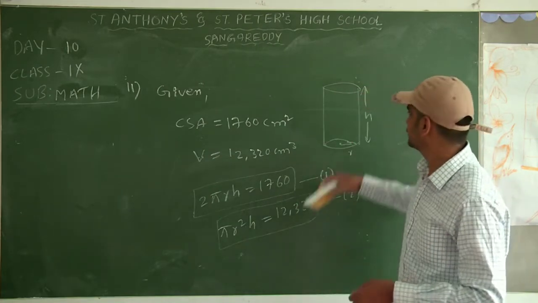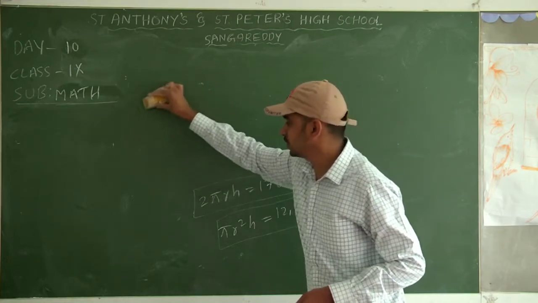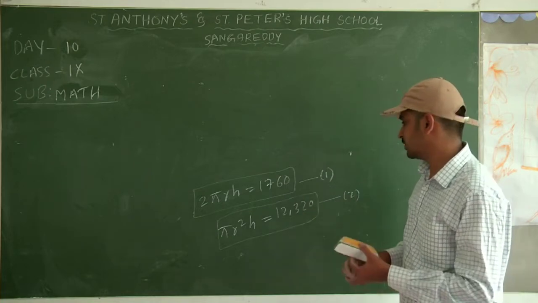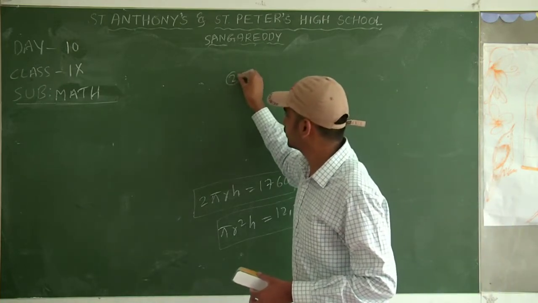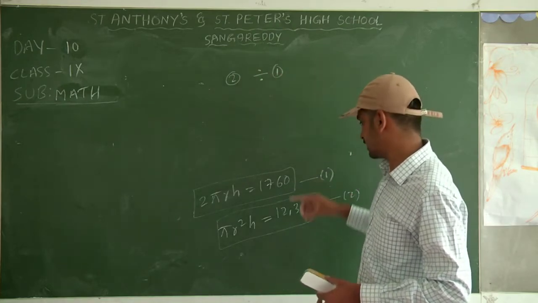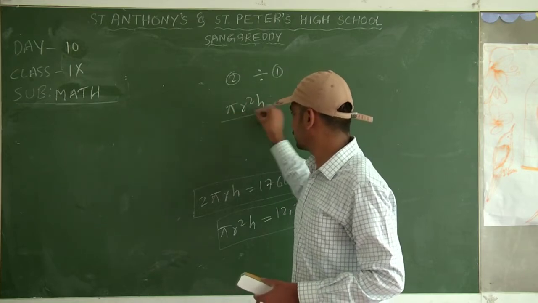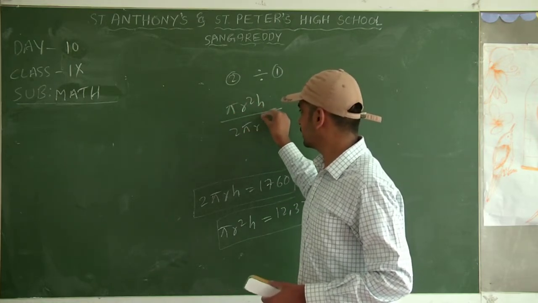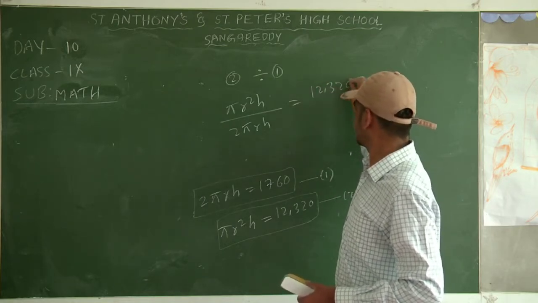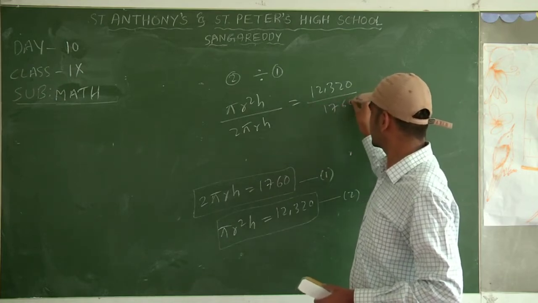So first I want to divide equation number 2 by 1. We can do 1 by 2 also, no problem. Equation number 2 by equation number 1: pi r square h by 2 pi rh equals 12,320 by 1760.